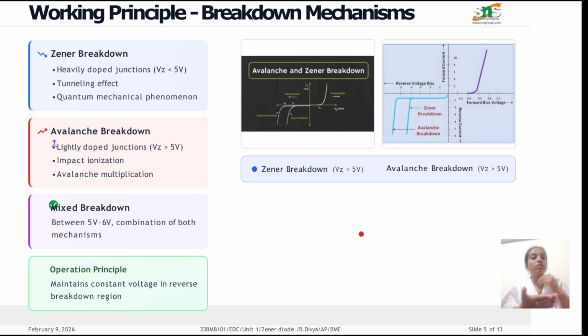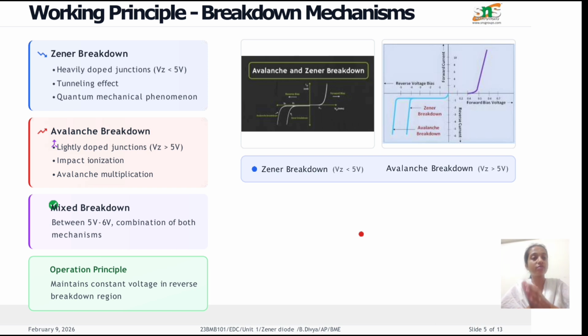These are quantum mechanical phenomena, and here avalanche multiplication takes place. Okay, how does mixed breakdown happen? Between 5 to 6 volts, a combination of both mechanisms happens. Below 5 the avalanche breakdown occurs, and above, when it reaches a maximum of 6, it acts as a Zener breakdown.